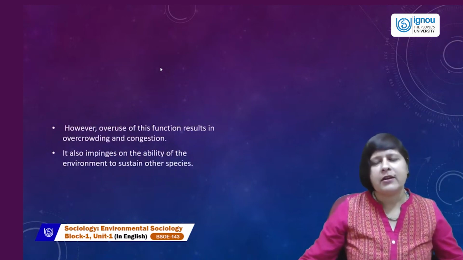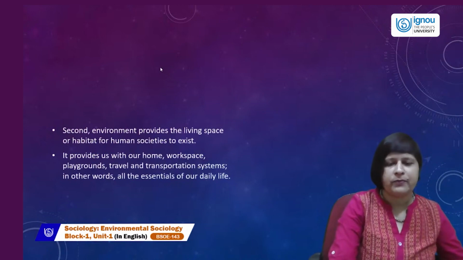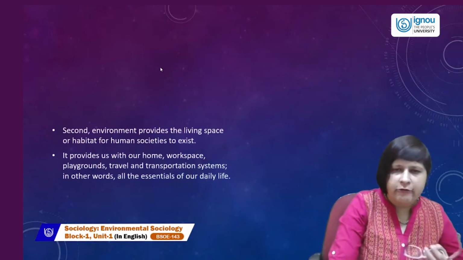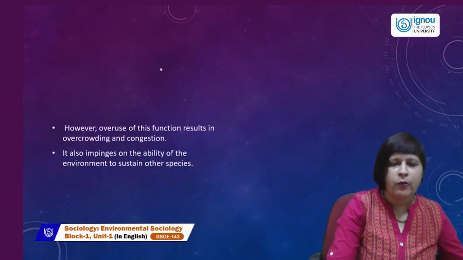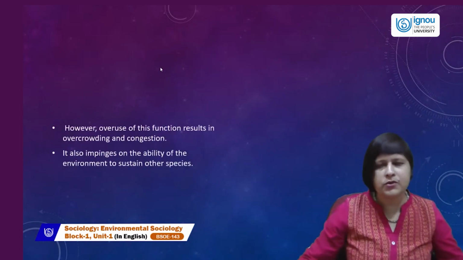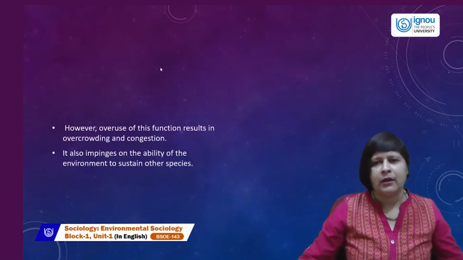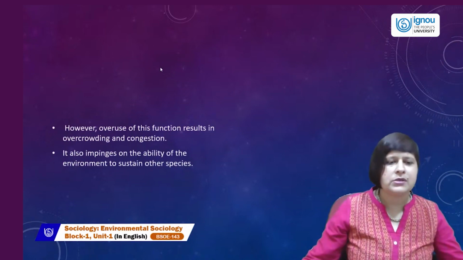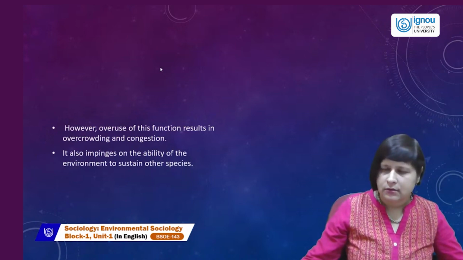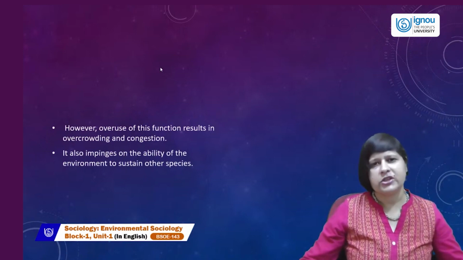The second factor is that human beings need living spaces, right? And the environment provides us the living spaces. But when we overuse these spaces, like land, where the geographical area is limited, this results in overcrowding and congestion.